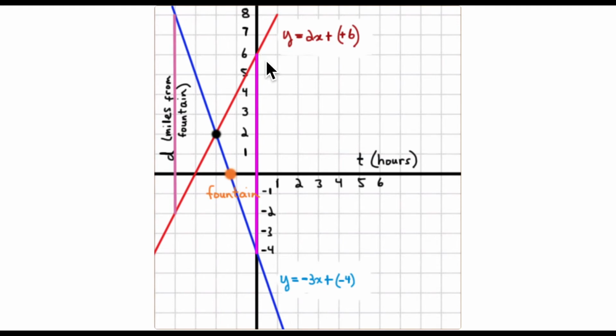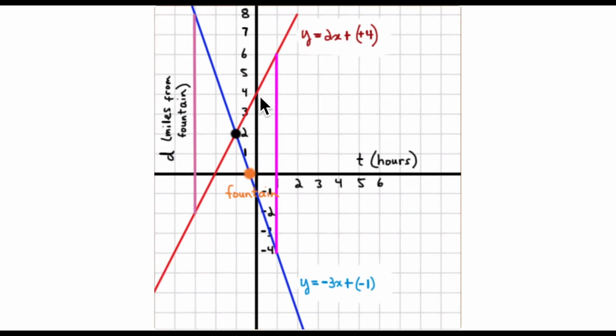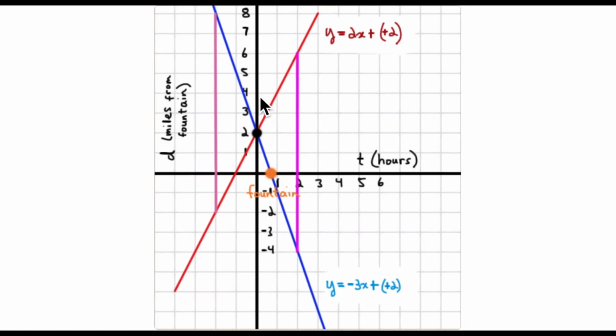This sister is 6 miles from the fountain after she's passed the house in 2 hours. So with a 1 hour shift to the right, she's going to be 4 miles from the fountain and 2 miles from the house. Another shift to the right, she's going to be actually at the house and 2 miles from the fountain.